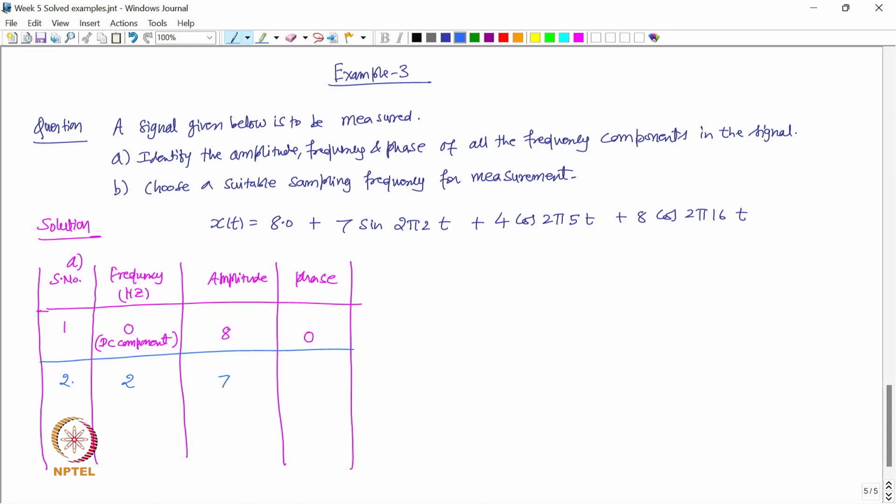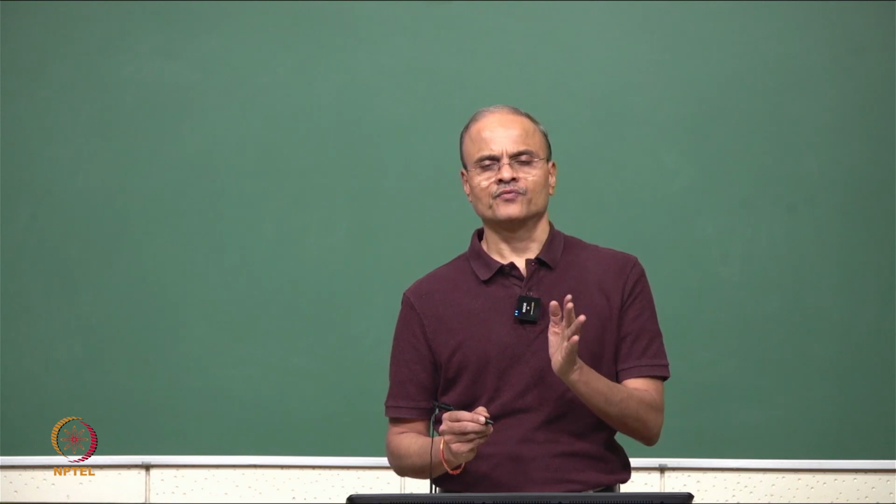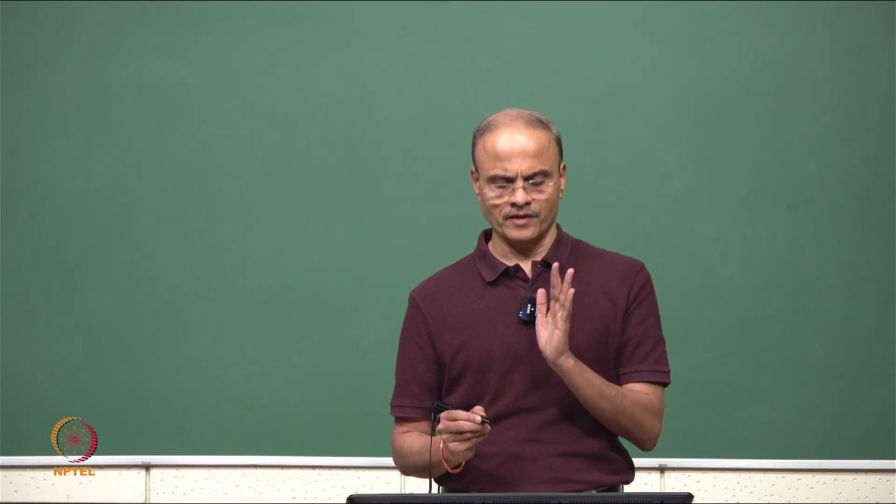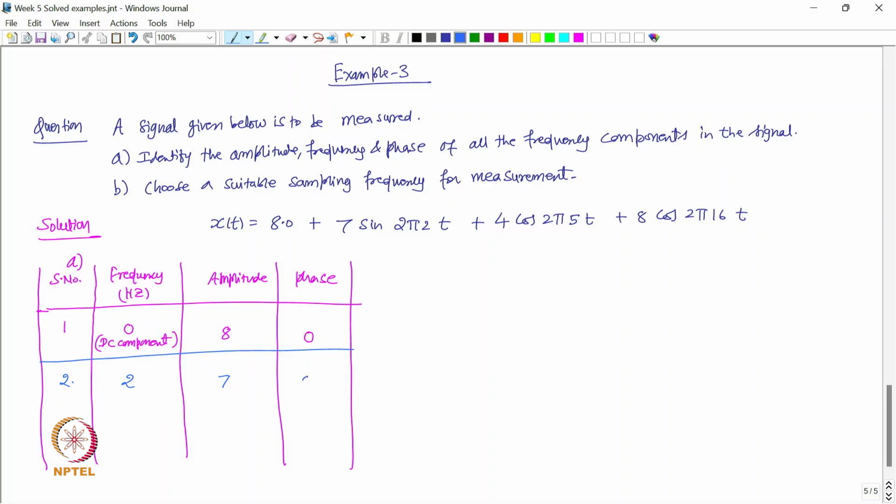Now, this sine component basically lags the cos component by 90 degrees, right, because the maximum value of the sine wave is reached after 90 degrees of phase with respect to the cosine wave, and that is why it lags the cos component by 90 degrees. So, we say that its phase is 90 degrees.